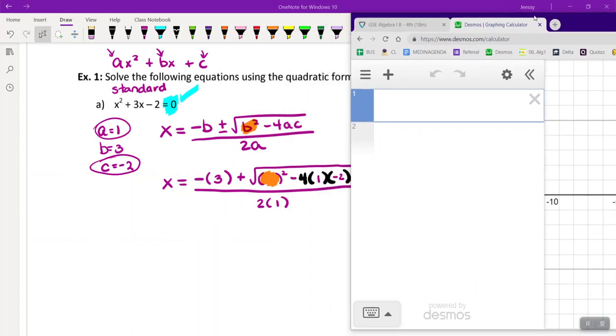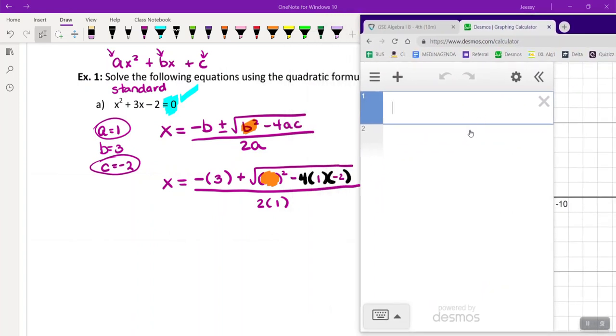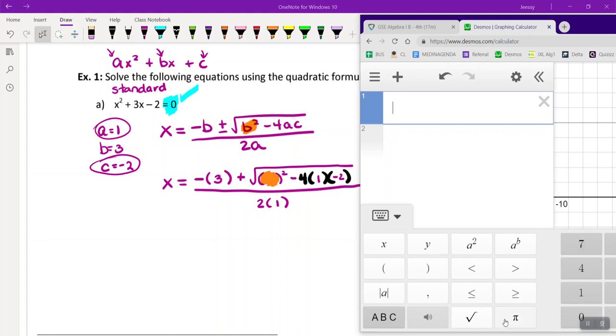In hopes that you're paying attention and you're following along. So the first thing you want to type in, whether it's your calculator or whether it's Desmos, is the fraction key. So just the little dash line, divider on the keyboard will do, or the division key.